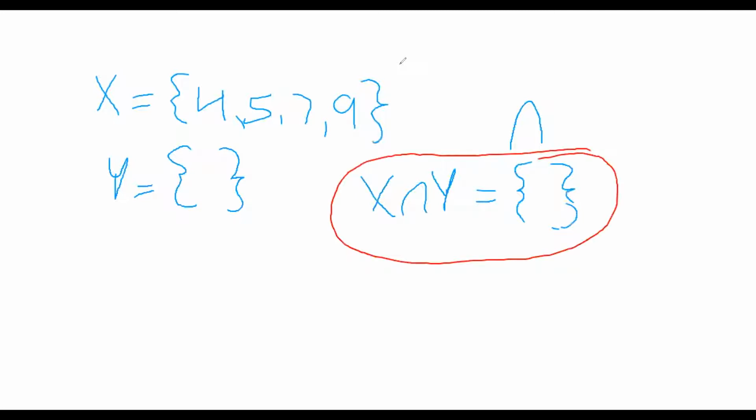So that is the answer for this one. Now, we are going to do another set just so that you can see union being used. So now we are going to use, let's say, set A. Our set A is going to contain numbers 1, 6, 2, 3, 14.